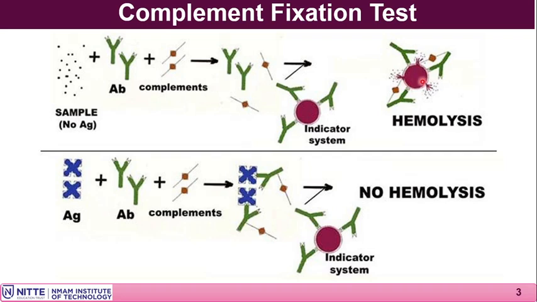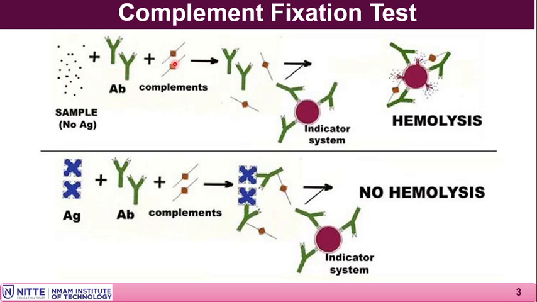Now this reaction has taken place. Why? Because the sheep RBCs were readily bound by the antibody, which is an antigen-antibody complex. The complement that you had added to the mixture was not engaged by the antibody that you had added to the serum sample to detect the antigen.